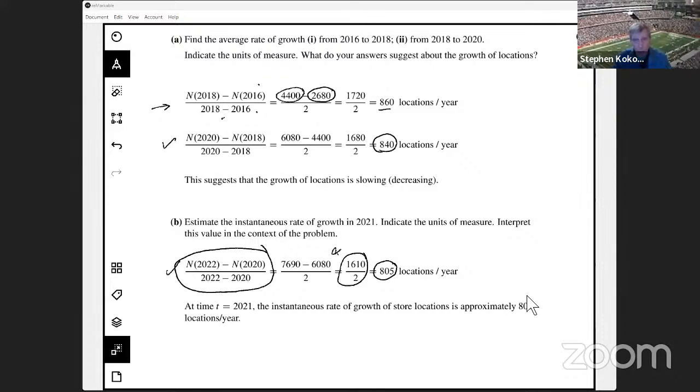Now, even though that's correct, they would not receive full credit for this because we need to see both a difference and a quotient. I see the quotient there, but I haven't seen any difference. So in order to get full credit for this type of problem, you've got to pull the values from the table, and we've got to see both a difference and a quotient.